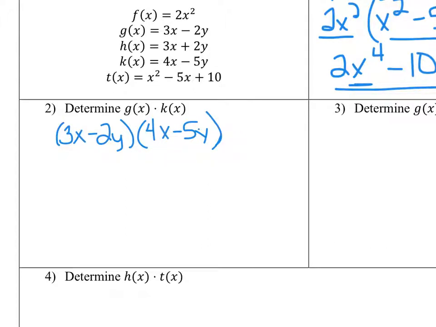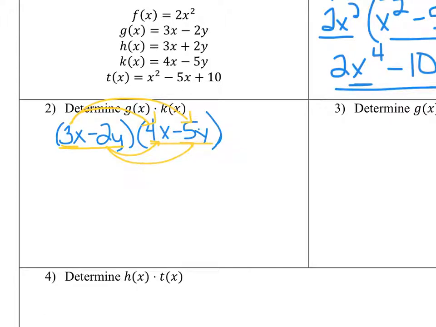We've done this before, so if you have a way that's already in your long-term memory, I encourage you to do that. But what you want to do is you want to take each term of these binomials. So each one of these, there's two terms for each of these. Those are binomials. I have to take each term and multiply it times each term of the other one. So 3x times those two, 2y times those two, and that's it.